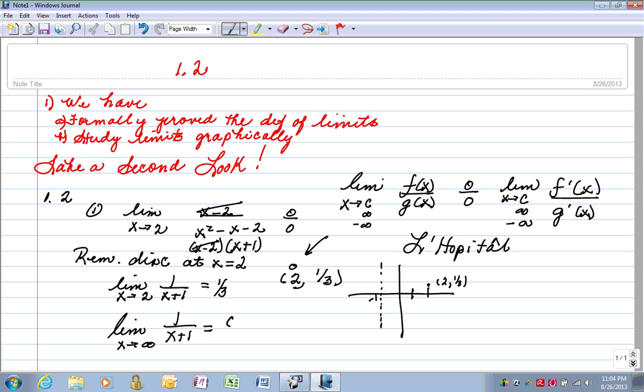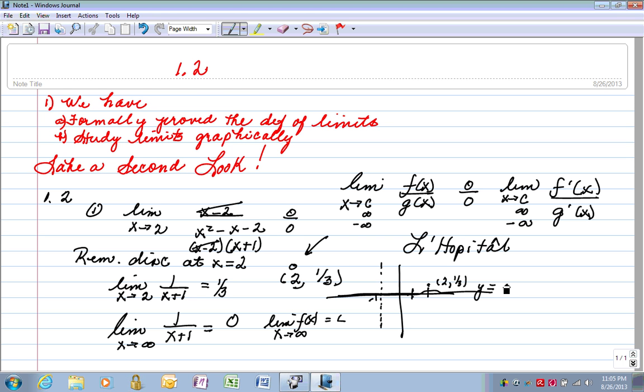So therefore your answer would be 0. This is the definition of a horizontal asymptote, which is the limit of f of x as x approaches infinity is L. So when you would graph this thing, you would have a horizontal asymptote at y equals 0.